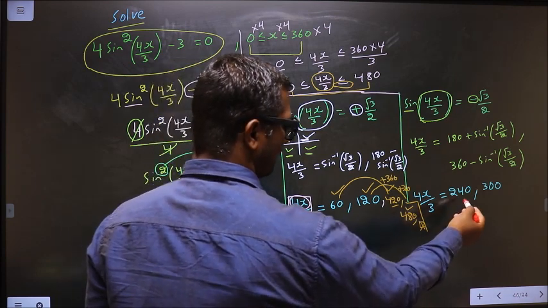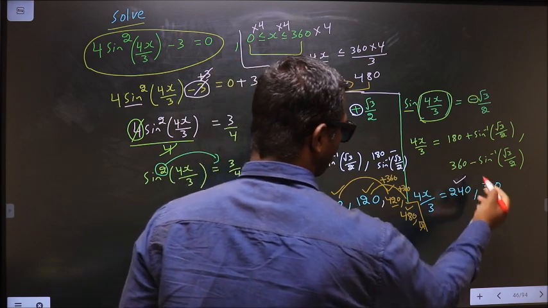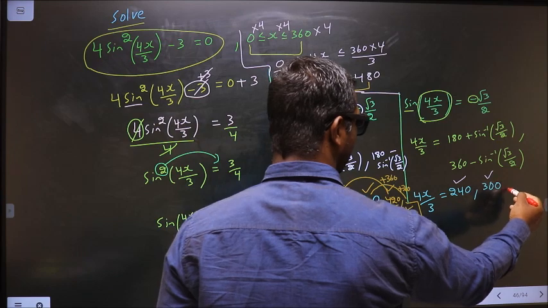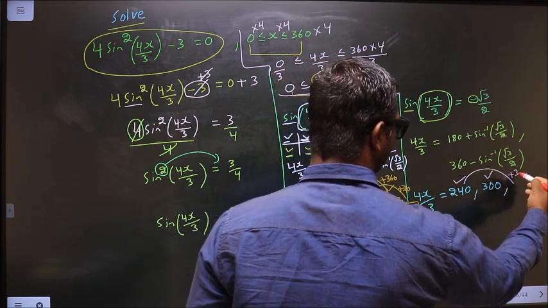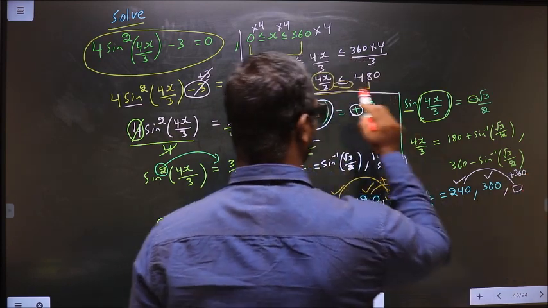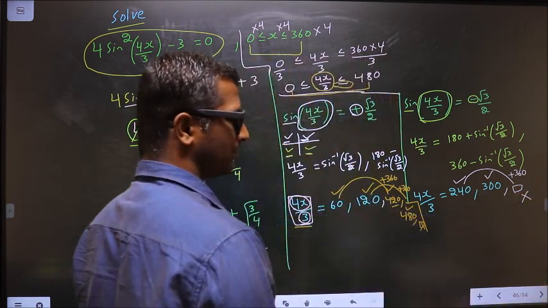Now here, does 240 lie in the interval? Yes, accept it. Does 300 lie in the interval? Yes, accept it. Now to get another value, we should add 360 to this. When I add 360, I will get a value which does not lie in this interval, so you reject it.